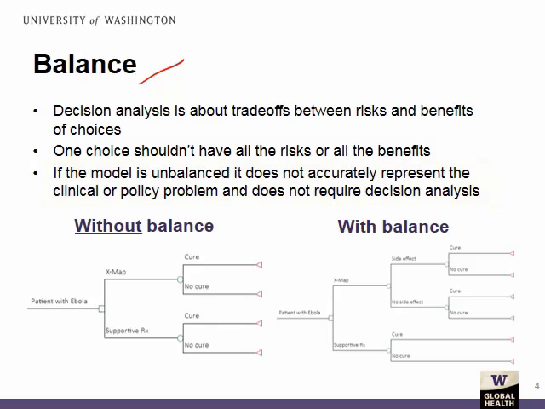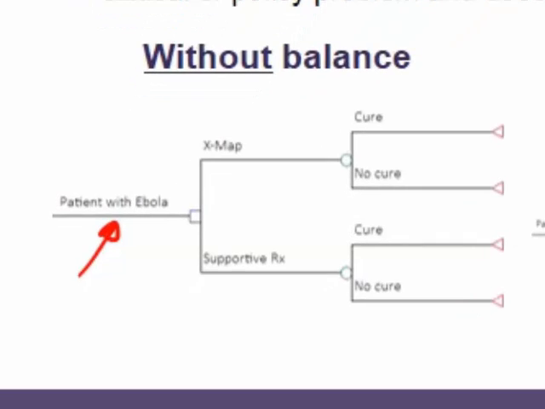So we still have our Ebola example here. We have XMAP, cure, no cure, supportive treatment, cure, no cure. So obviously it captures the cure rate with or without XMAP, but it neglects the disadvantage of XMAP, and the disadvantage of XMAP is adverse events because it's a medication.